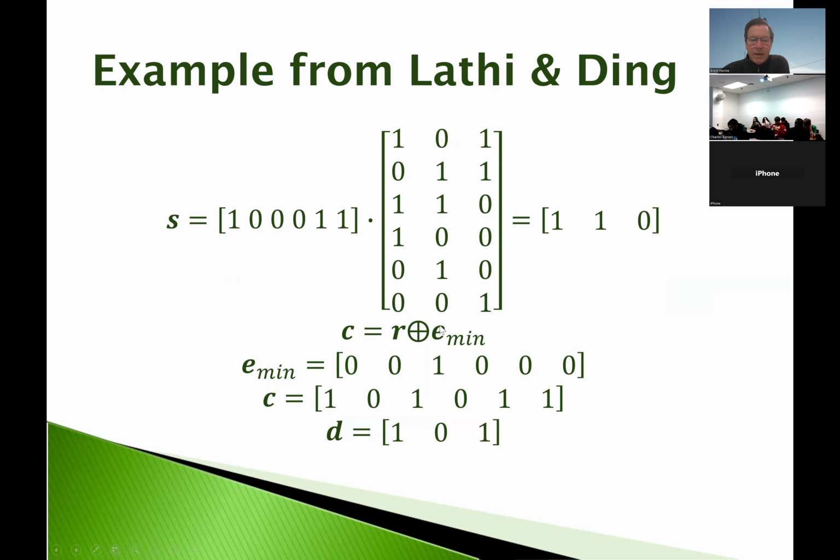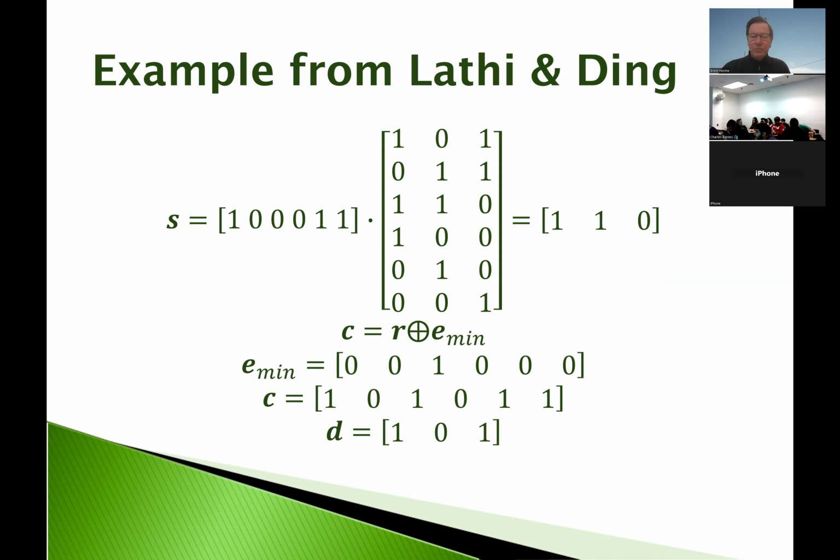Now we are going to modulo 2 add this E plus this received vector R. So 0 plus 1 is 1, 0 plus 0 is 0, 1 plus 0 is 1, 0 plus 0 is 0, 0 plus 1 is 1, and 0 plus 1 is 1. So this was, in maximum likelihood terms, the code word that was sent.